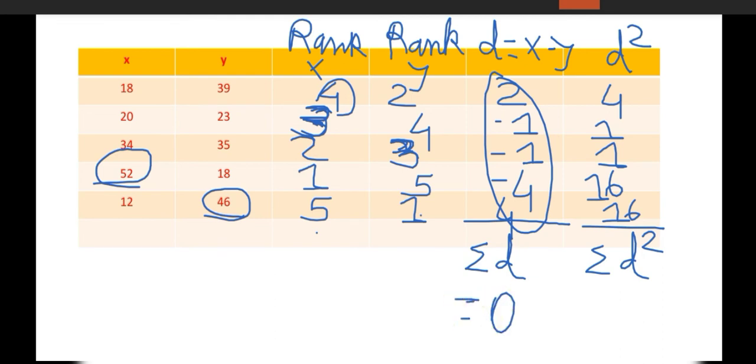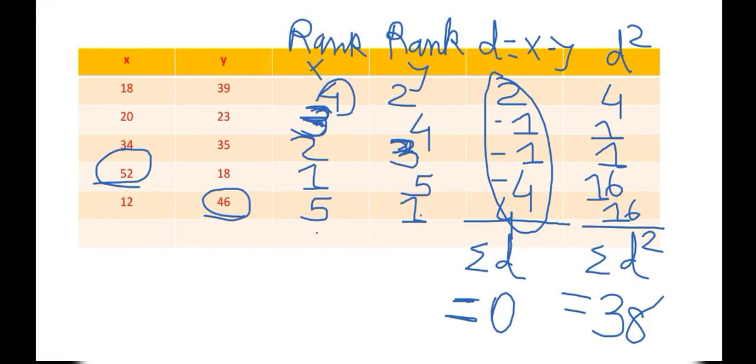Adding these values, we are getting sigma d equal to 0, and sigma d square is coming out to be 38. Always when you are solving such type of sums, your sigma d should come out to be 0.